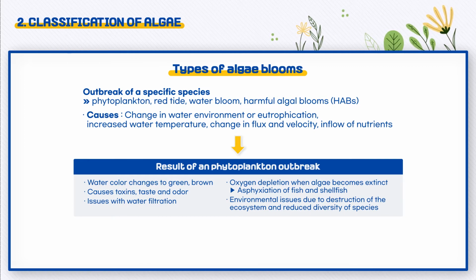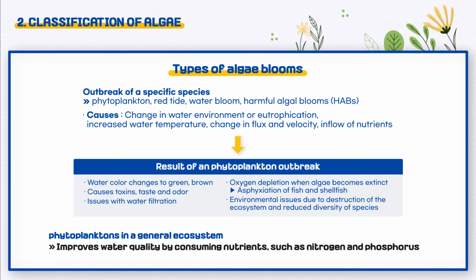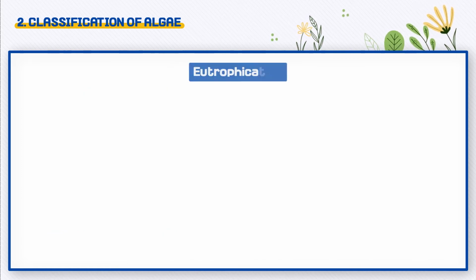When a phytoplankton occurs in a general ecosystem, nutrients such as nitrogen and phosphorus are consumed to improve the water quality. Eutrophication occurs due to various features of the water quality of dam reservoirs caused by an inflow of non-point sources.